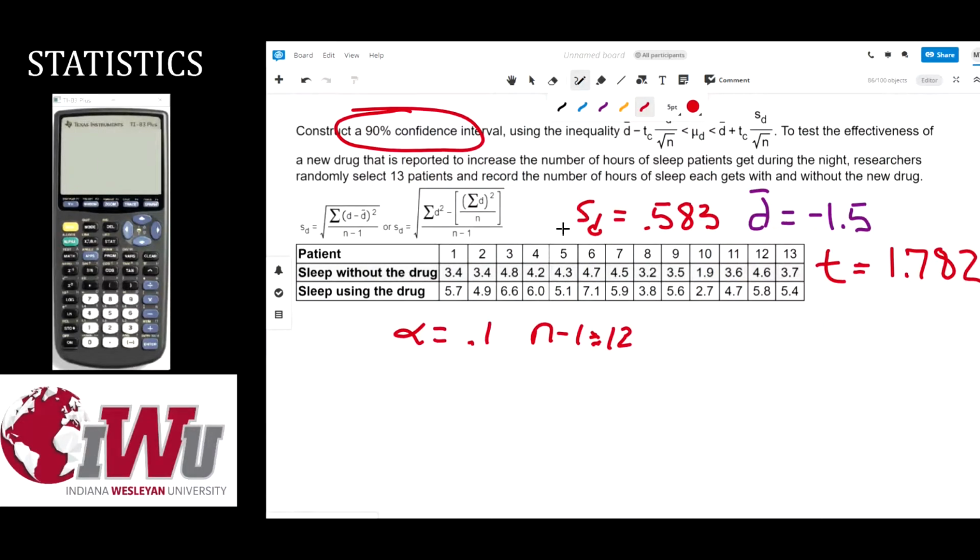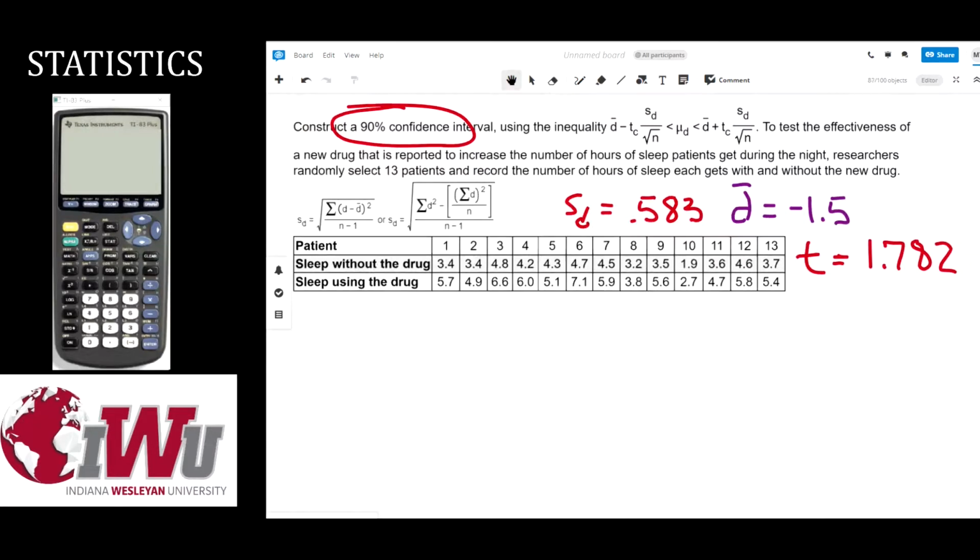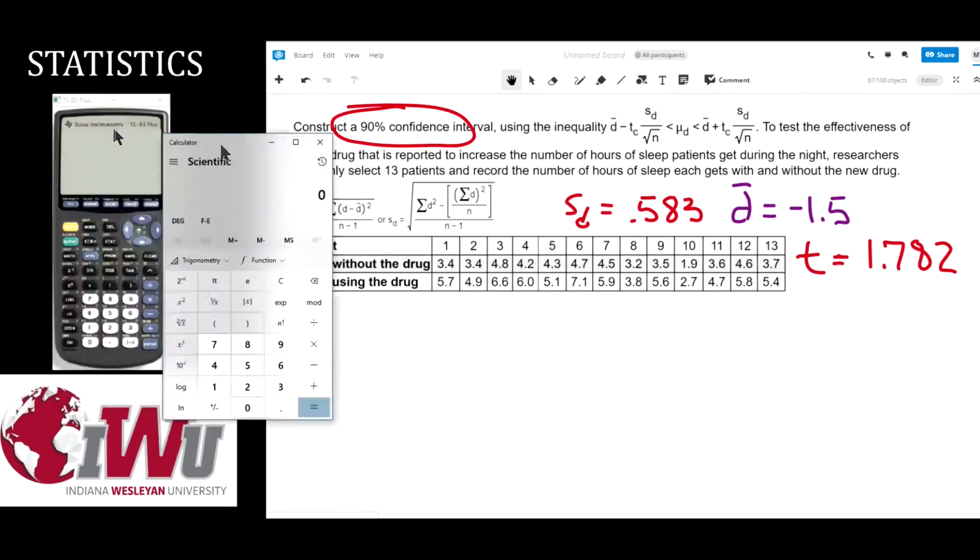All right. So now we have all the pieces for the confidence interval. So let's put that together here. Well, let's do one more piece right now. This SD here, this S sub D, is divided by the square root of the sample size. So let's do that real quick. So then we have each piece here. All right, so calculator, here it is.